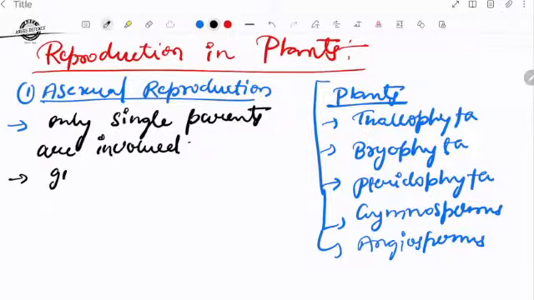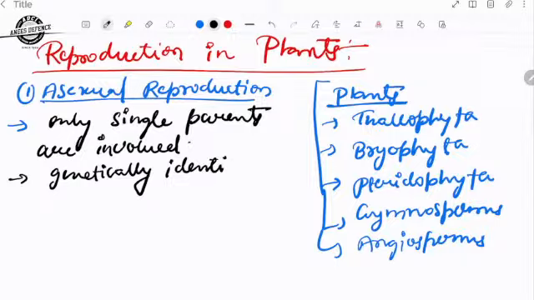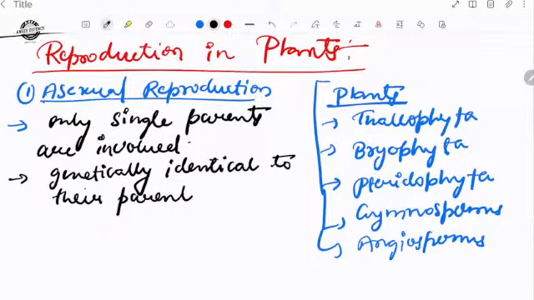The progeny we are getting are genetically identical to their parents. This should also be noted. Important point.